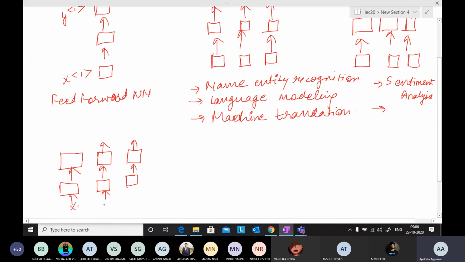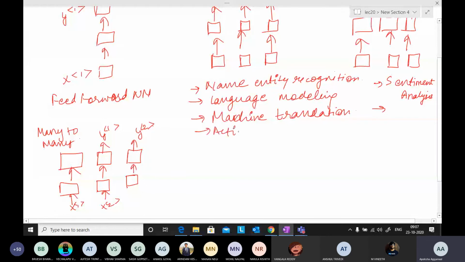This is x1, x2, and this is y1, y2. Some of the inputs are getting output, some of them are not. So we are selecting a few of the layers and taking output from those. So this is also an example of many to many. We can also have the example of activity recognition over here.